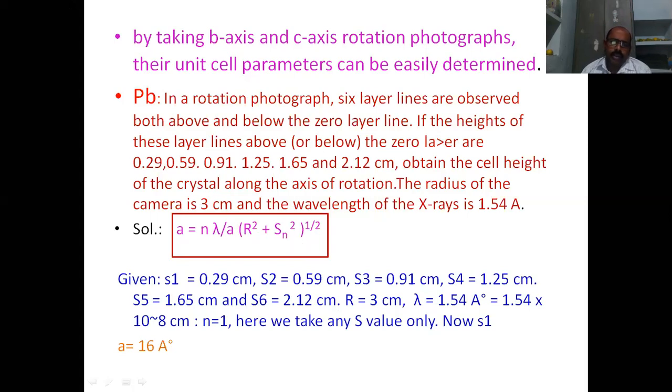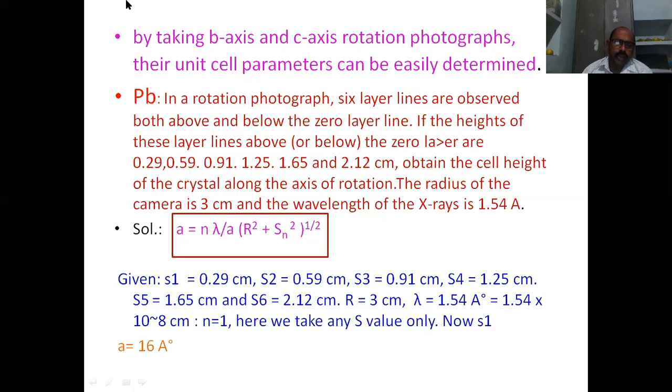Therefore we take any one of the layer lines among the 6 layer lines. R is given, that is 3 centimeter. So that is written here: R is 3 centimeter, lambda is 1.54 angstrom, and n is equal to 1.